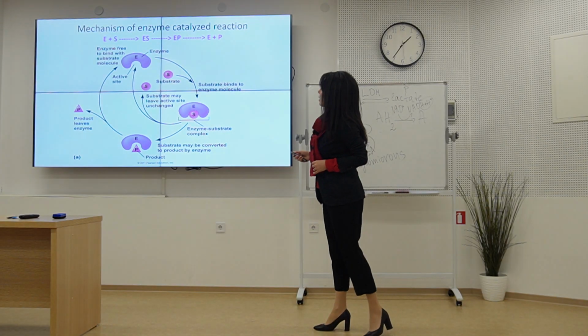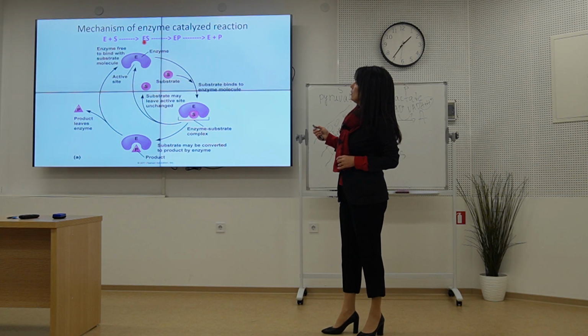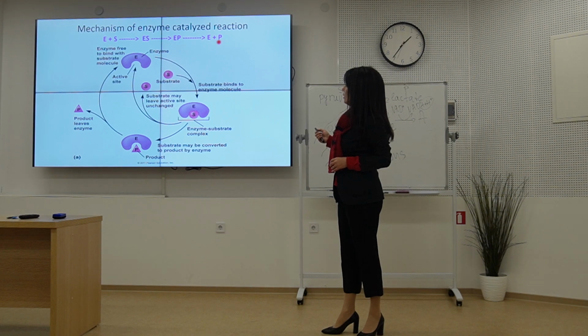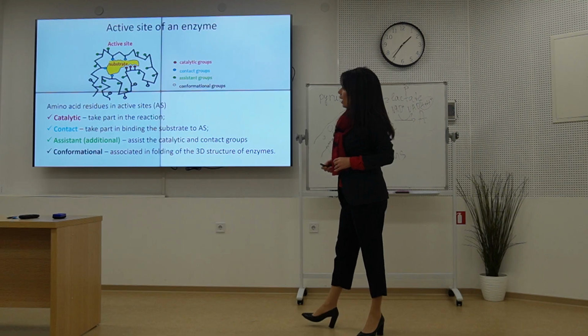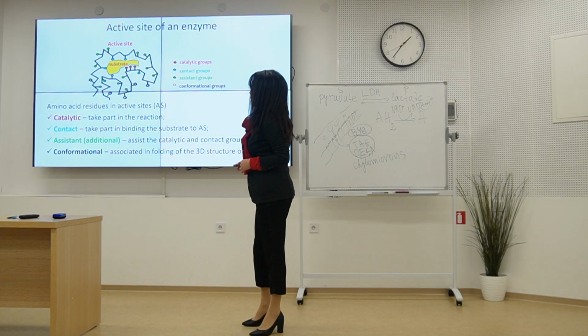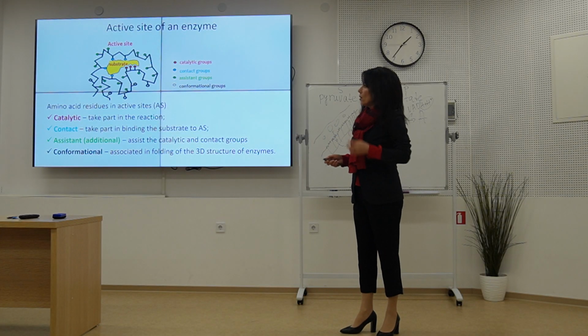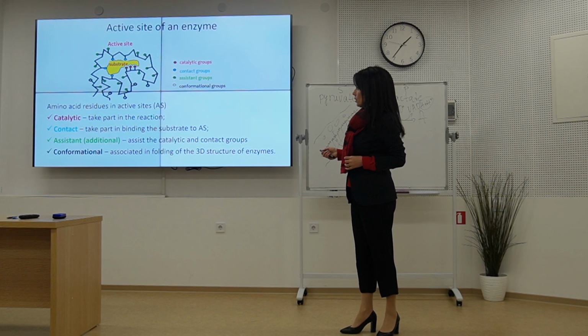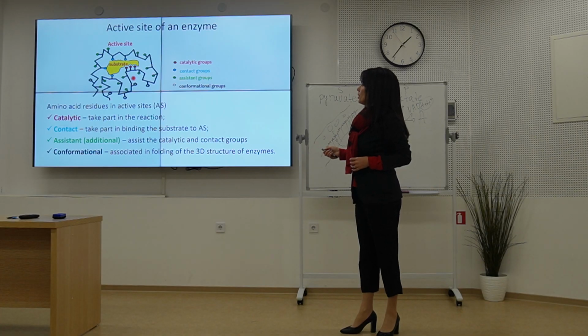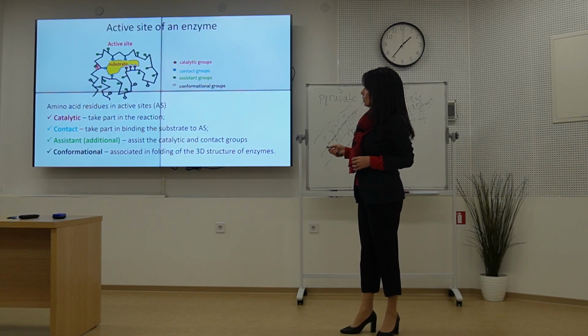The mechanism of enzyme-catalyzed reaction means the formation of intermediate complexes and in the end unchanged enzyme plus product. Active site, what is this? It's a part of the surface of the enzyme which is composed of some groups, like the catalytic group with red color, which takes part in the reaction, and contact groups that take part in the binding with the substrate, and some additional and conformational groups in the active site.